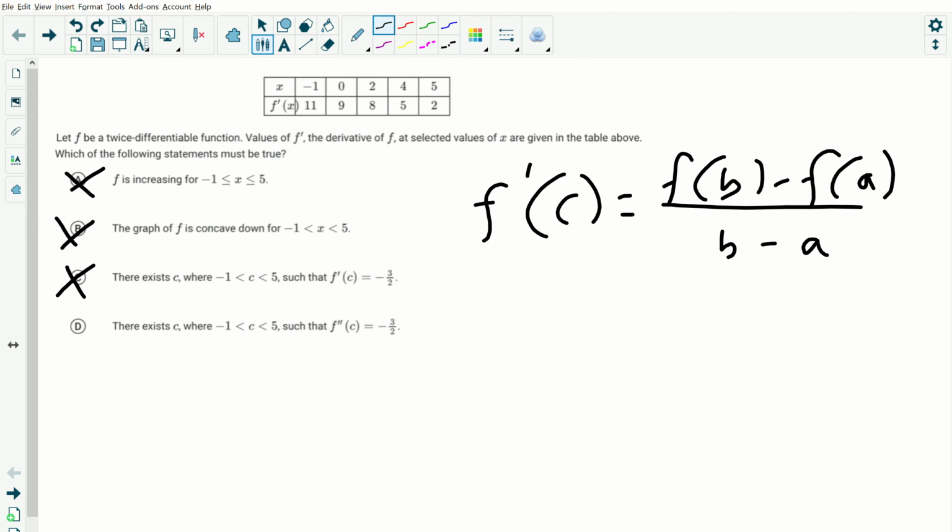Now, this equation can be true for a whole host of functions. For example, as long as the function is differentiable, the function whose average rate we're finding could well be f prime. And if so, f prime's derivative could be satisfied by some c. And in fact, this is exactly what we're doing in this problem.